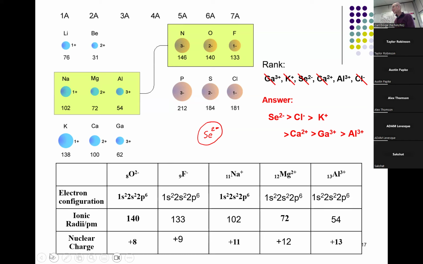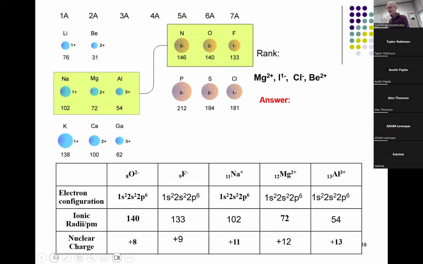Any questions about that trend? Okay, so I asked you to try one more then. So 9B asks you to compare yet a different trend. So here's 9B. See if you can rank those four. Similar approach. Even though anions aren't always the largest, depends what you're comparing, but that's a good place to start.